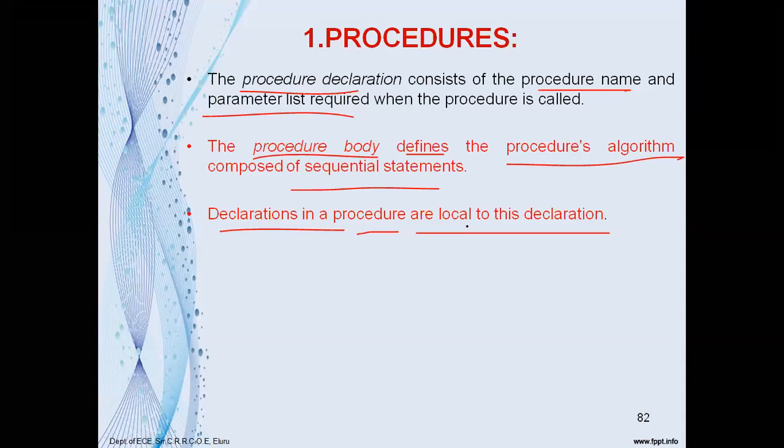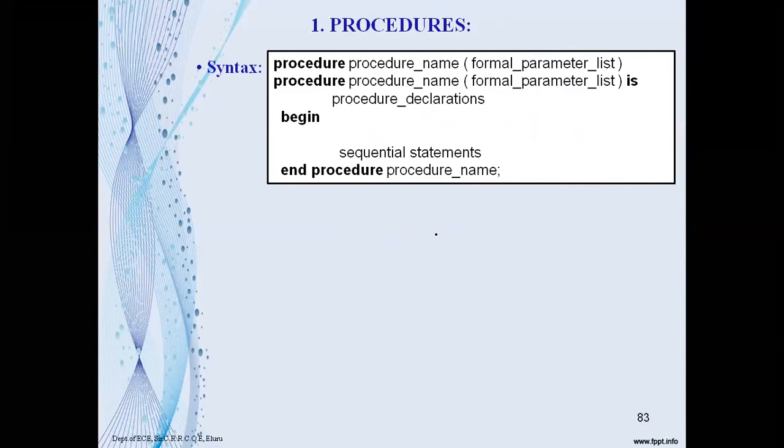So here we will see the syntax of this procedure. So in the syntax, what does a procedure consist of? A procedure consists of two parts. What are the two parts here? Procedure declaration, procedure body. So see this syntax here.